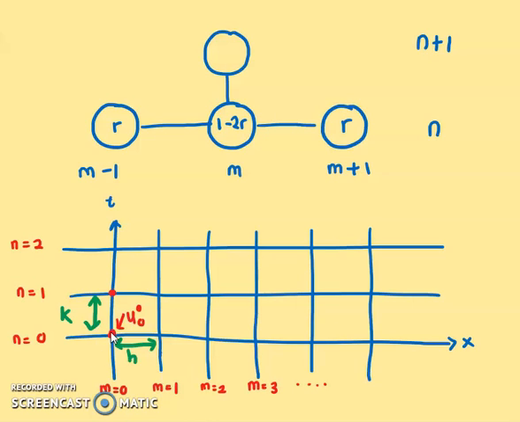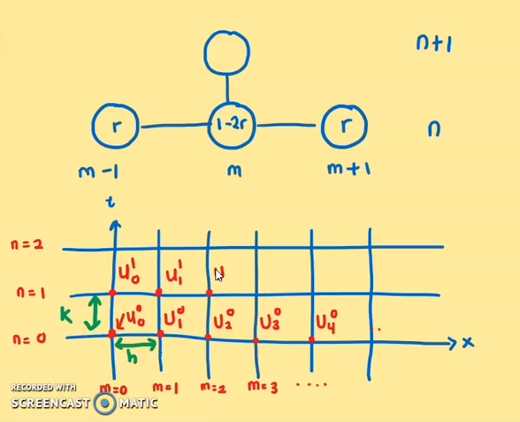So this value here is my u00, and this value here is my u10. This is my u20, u30, u40, and so on. Now this value on the end, since n is 1 and m is 0, we can write as u01. This value here will be u11.